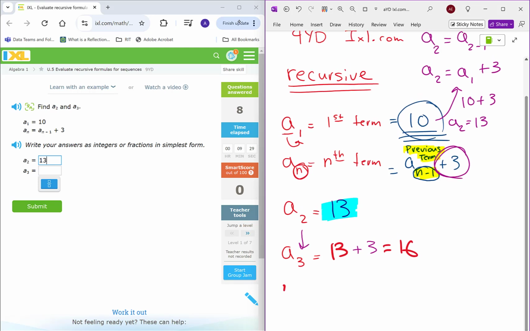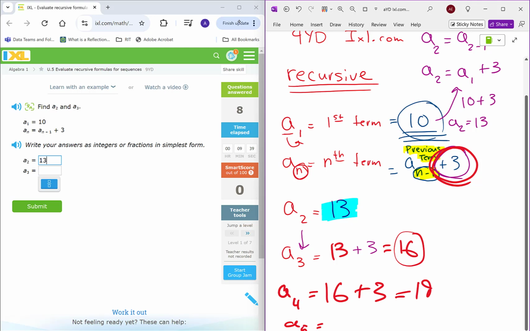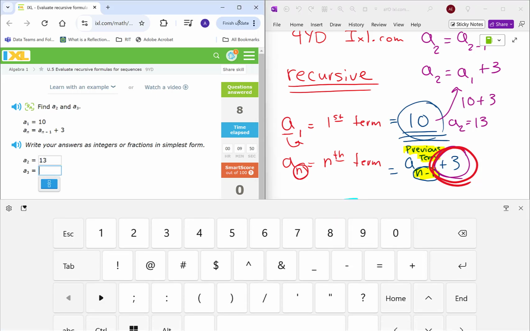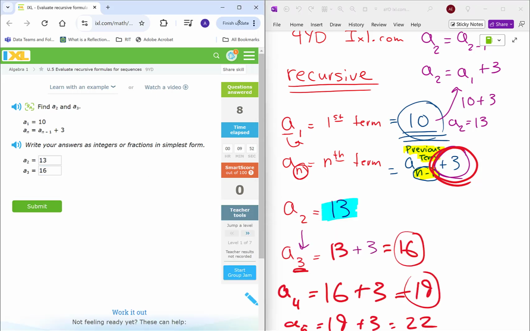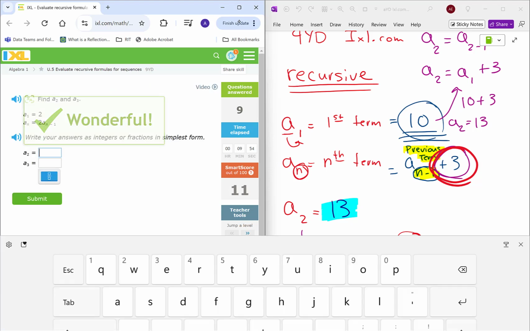And if I wanted to figure out A sub 4, well, it's going to be my previous term, 16, plus my formula, the plus 3, which is 19. And A sub 5 would be that 19 plus 3, which is 22. But either way, A sub 3 is 16. So I'm going to type that in. I'm going to submit, and yay, we got it right.